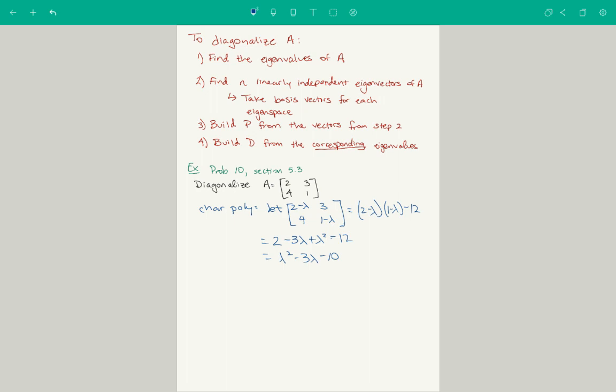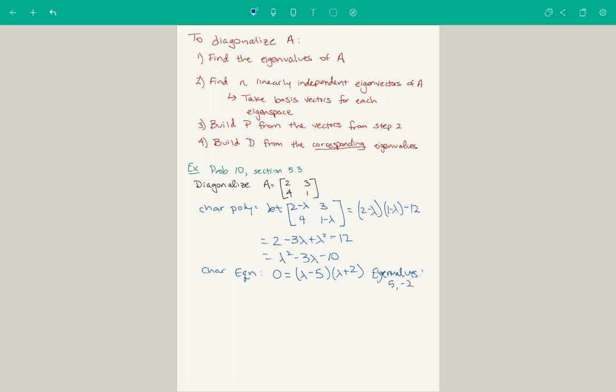To find our eigenvalues, we set that equal to 0 and factor. So our characteristic equation tells us that 0 is going to equal that characteristic polynomial, which is lambda minus 5 times lambda plus 2. So our eigenvalues are going to be 5 and -2.